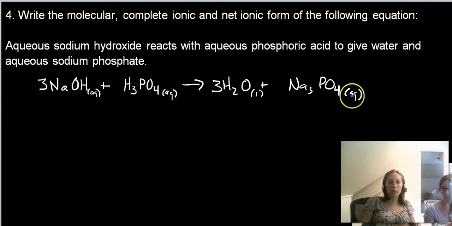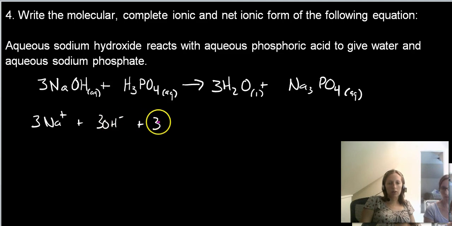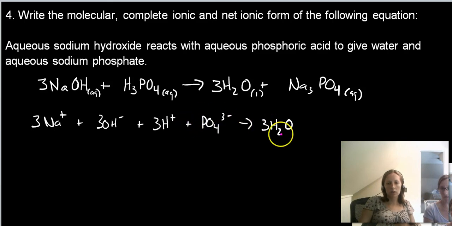Now for the complete ionic form, that's going to be 3 sodium ions and 3 hydroxide ions and 3 hydrogen ions and 1 phosphate ion yields 3 waters and 3 sodium ions and 1 phosphate ion.